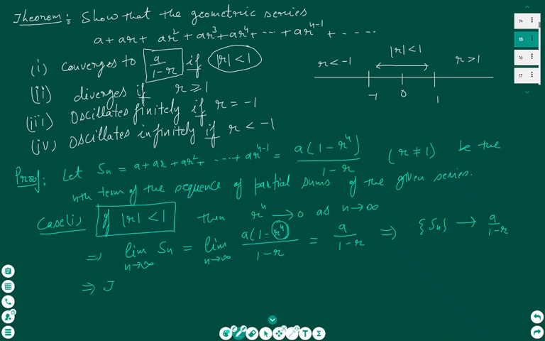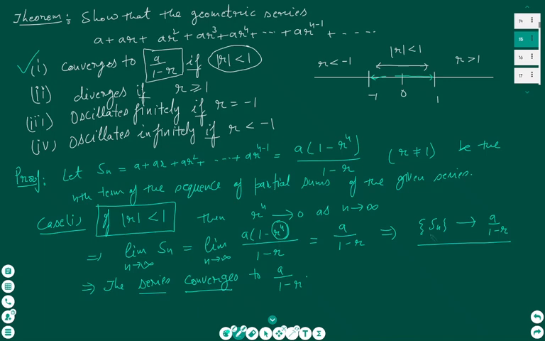converges to a over 1 minus r. So we have discussed the first case, that when modulus of r is less than 1, when the numerical value of r lies between minus 1 and 1, then in that case the series converges, because the sequence of partial sums of this series converges.